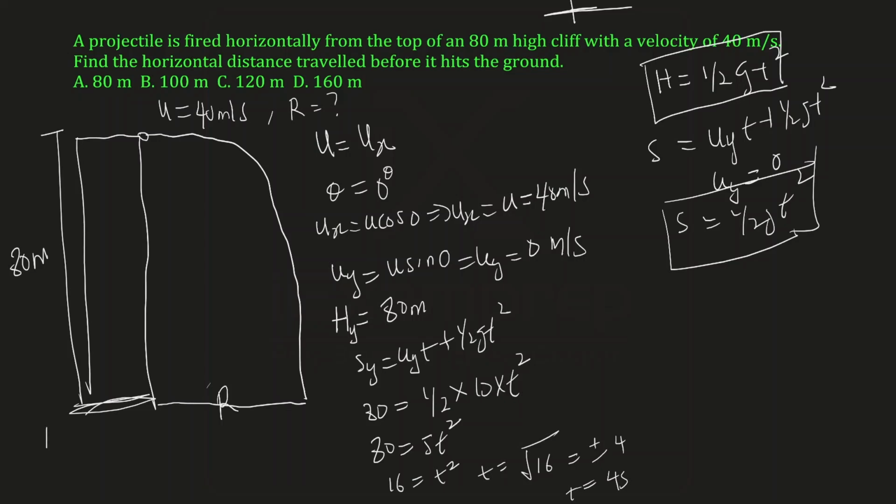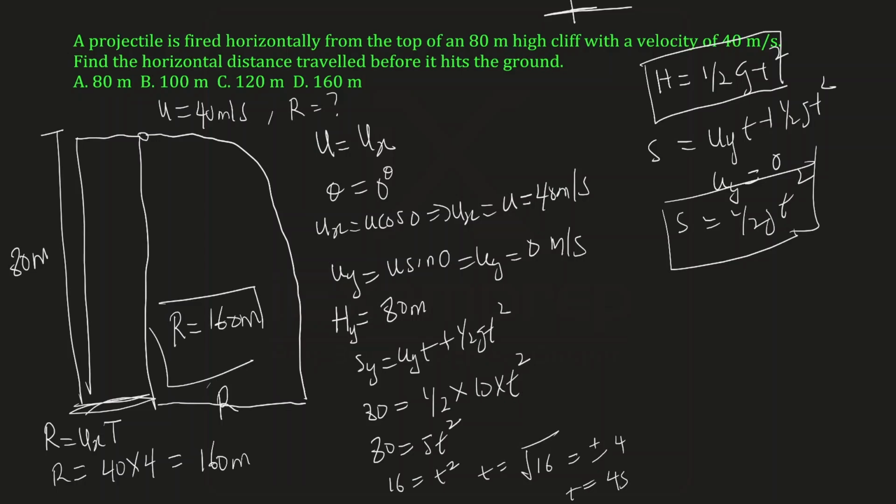Remember that I told you the ideal formula for calculating range is ux t. So this is the formula for calculating range. And we know that our ux is equal to 40, which is the same thing as the velocity with which the object was projected. So now I have 40 multiplied by the time, which is 4. So 40 times 4 is equal to 160, which means that the range, or the horizontal distance covered by this object, is 160 meters, which makes option D the correct answer.